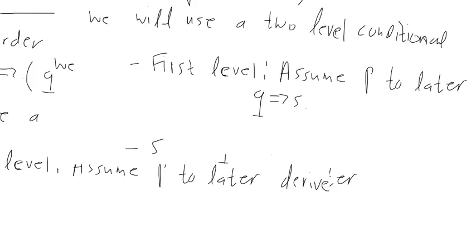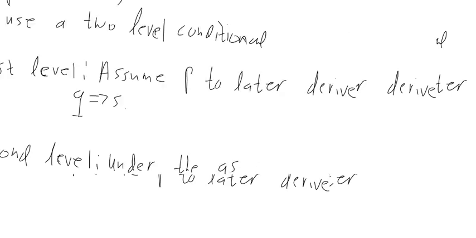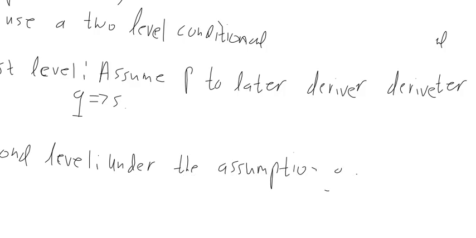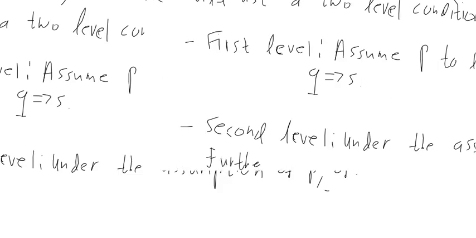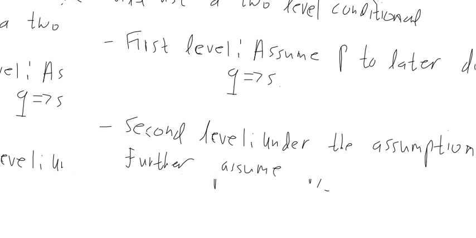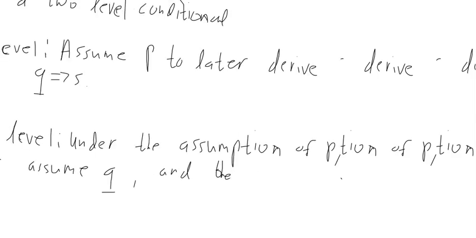And then the second level is going to be, under the assumption of P, further assume Q, and then derive S. So there's going to be a two-level strategy of attack here for the proof.